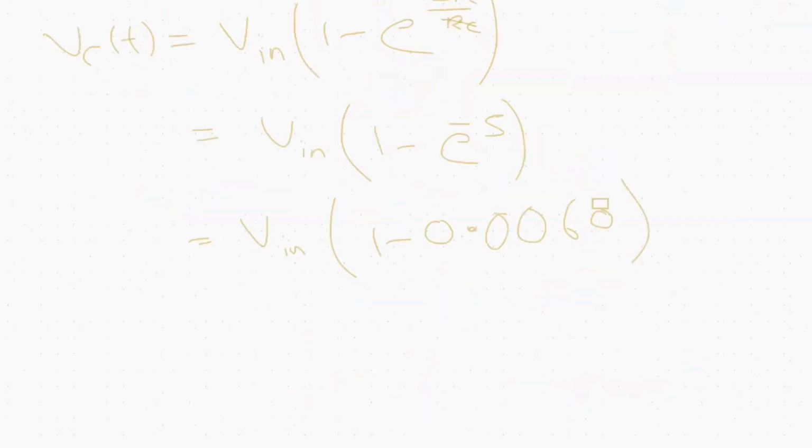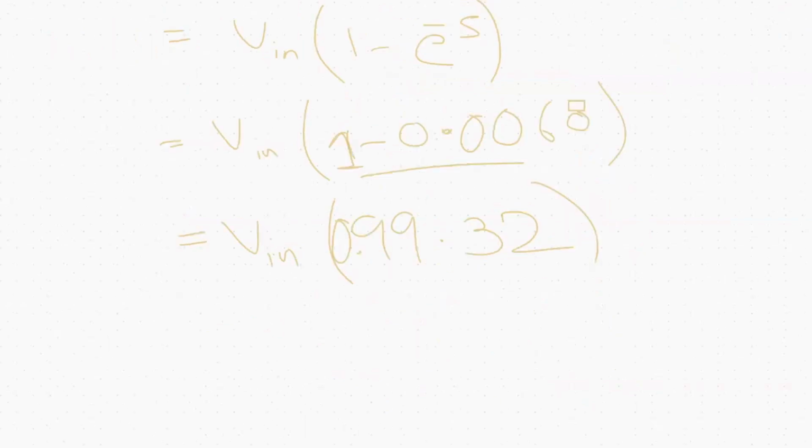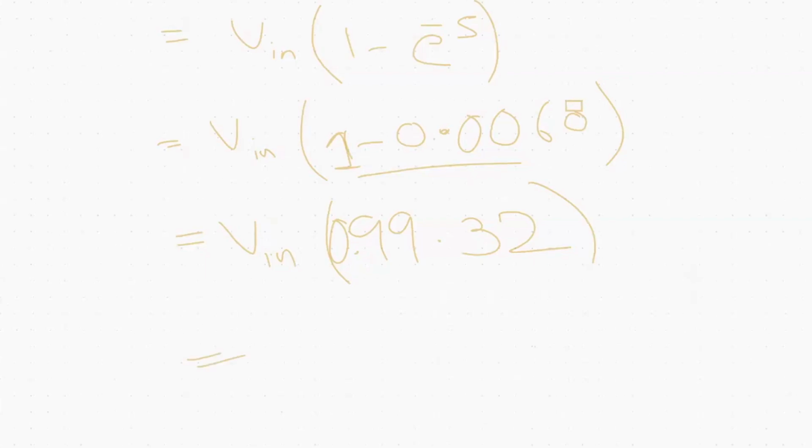And when we subtract this 0.0068 from 1, what are we going to get? You're going to have 0.9932, right? And this is approximately equal to 99% of V in, correct?